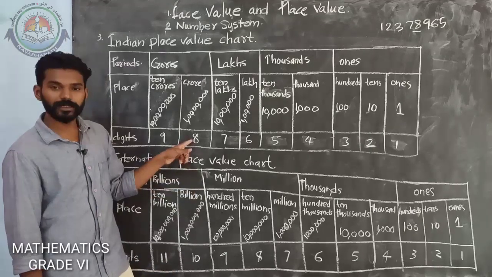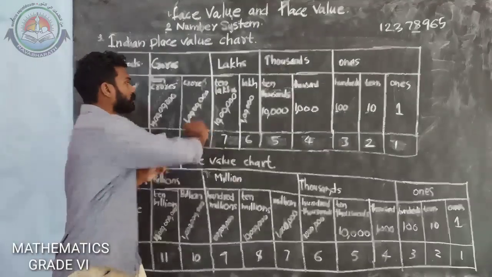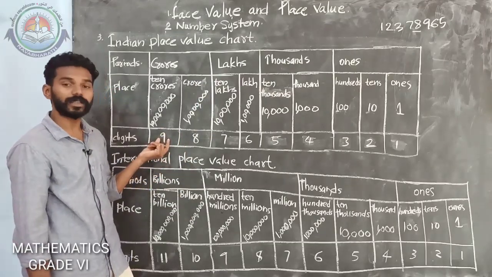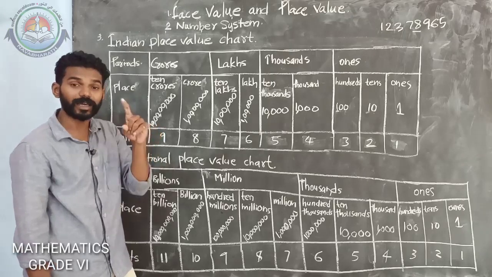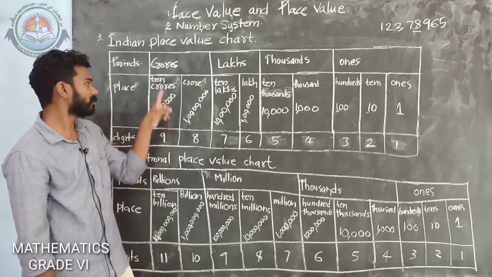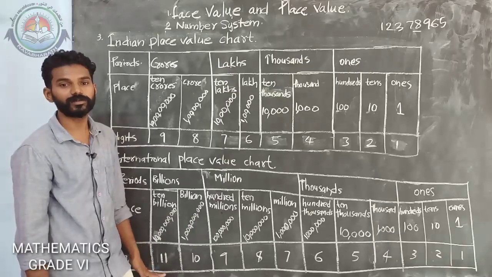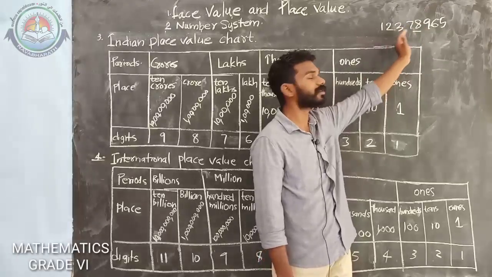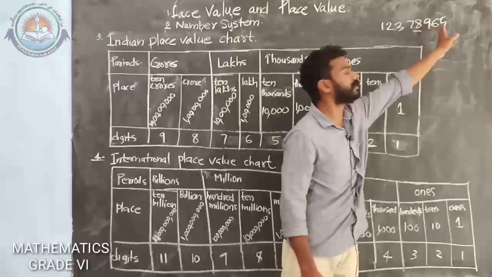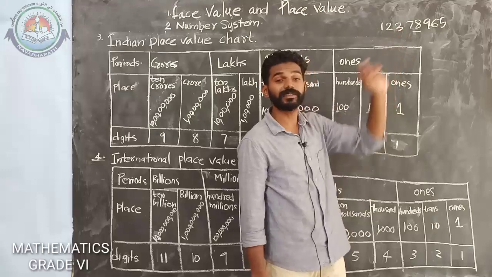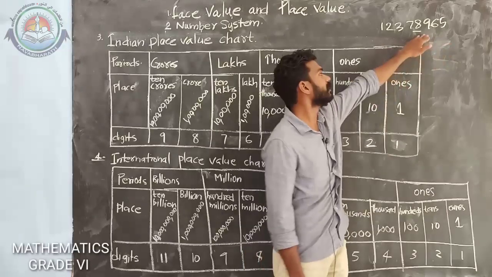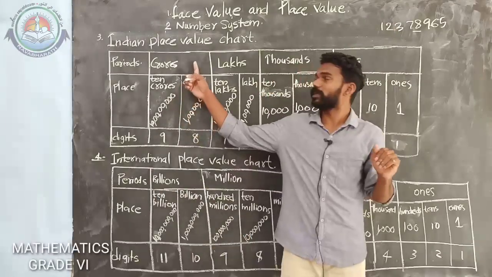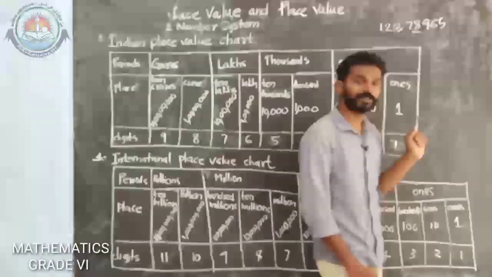If there are 8 digits, then the 8th digit represents the place of crores, and if there are 9 digits in a number, the 9th digit represents 10 crores. So consider our number. How many digits were there? There were 8 digits, and you can find the place value of each digit in the number by the Indian number system. Let us check it out.